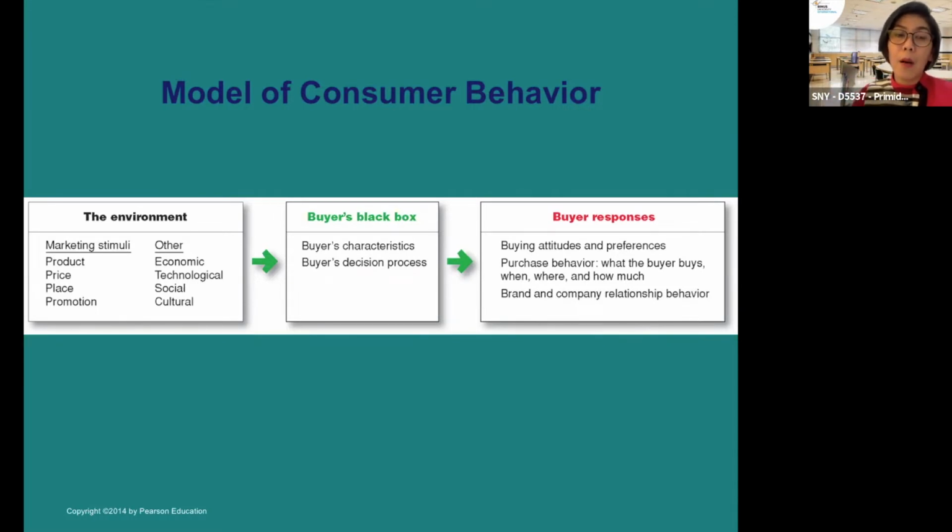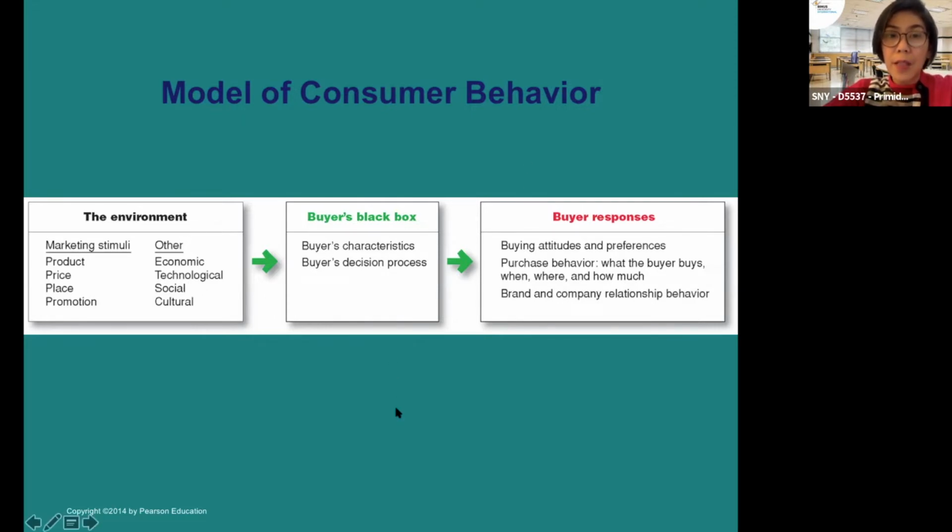Now, all of these stimuli come into the buyer's black box. It's called buyer's black box because it is not hidden, it is placed deep in the mind of the customers, of the buyers.